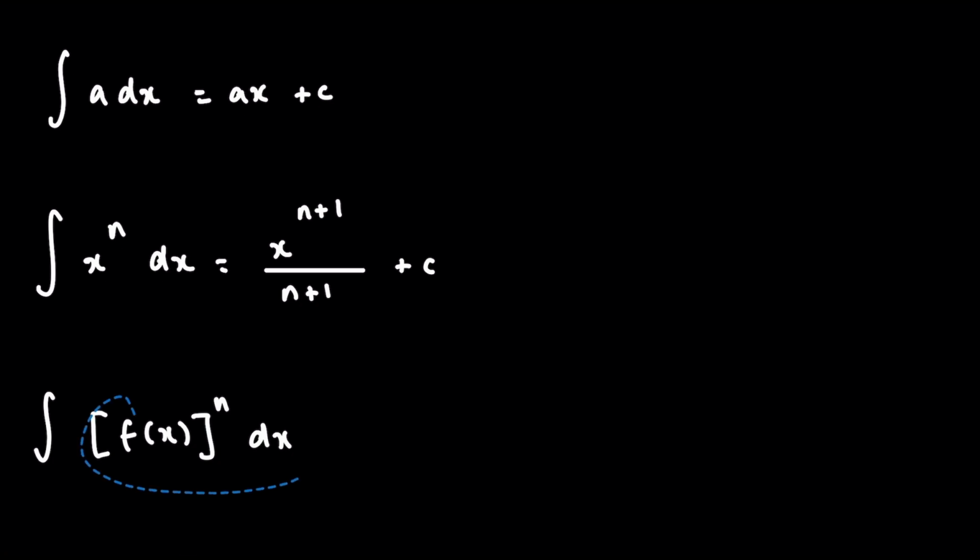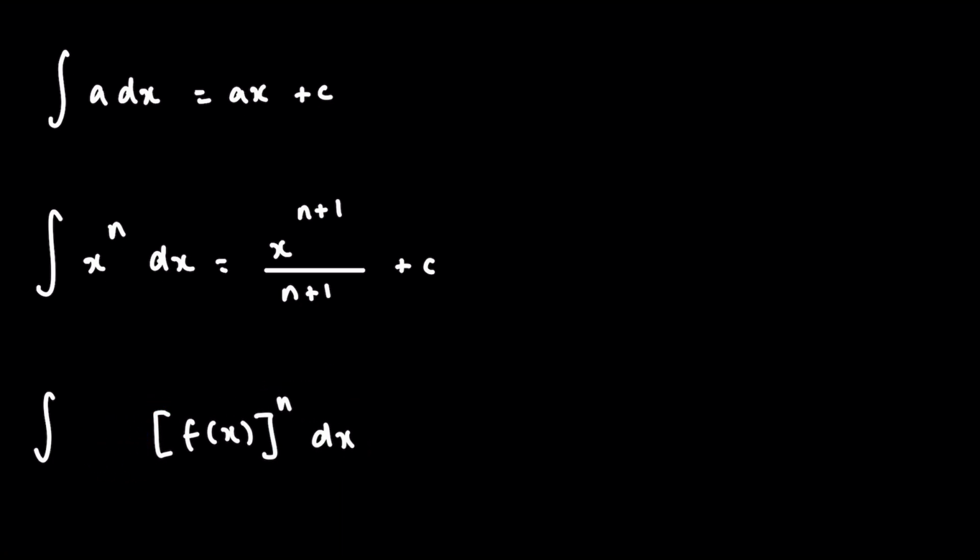However, the only difference here is we have to have the derivative of the bracket next to it, like so. If we have the derivative of the function next to it, then we can use the rule from before, and this just becomes f of x to the power of n plus 1, divided by n plus 1. That rule might seem a little bit complicated, but let me explain what it actually means.